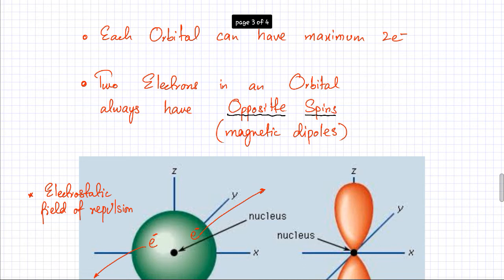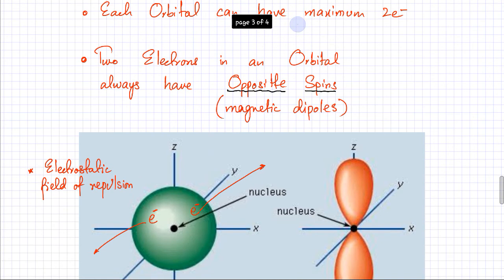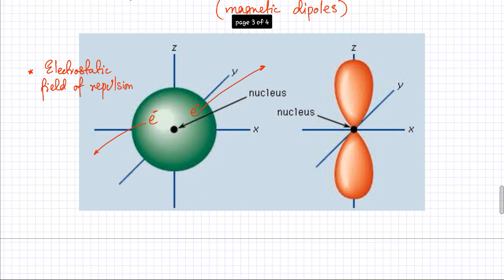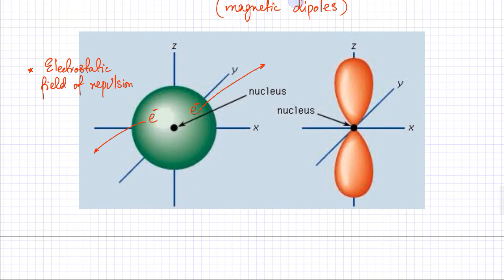Now we're going to bring in the concept that we just studied, and that is that it is a possibility that 2 electrons can attract each other if they have opposite spins. So if they have opposite magnetic dipoles, the magnetic fields might attract each other. So what happens is that the electric field of repulsion is cancelled out, and it is cancelled out because the 2 electrons will have a magnetic field that would attract each other.